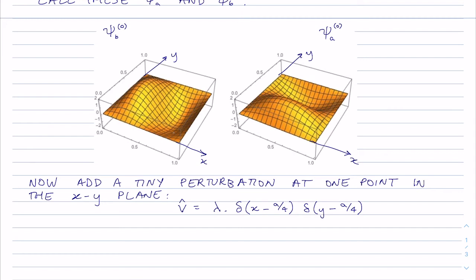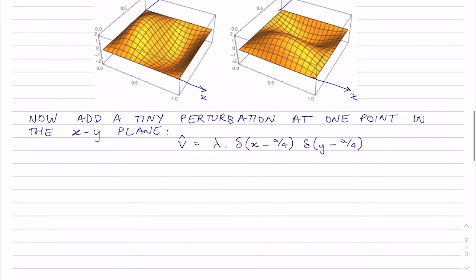This is kind of coming back to a classical physics way of thinking about it. So you've got these two modes which are degenerate with each other, and now what you're doing is you're putting a tiny perturbation at one point on the drum. So you're putting your finger a quarter of the way along the x-axis and a quarter of the way along the y-axis, so just around here somewhere. Yeah, and when you put it there, you cannot have an excitation at that point because that point is now being damped by your finger.